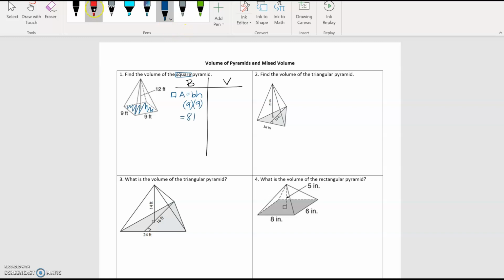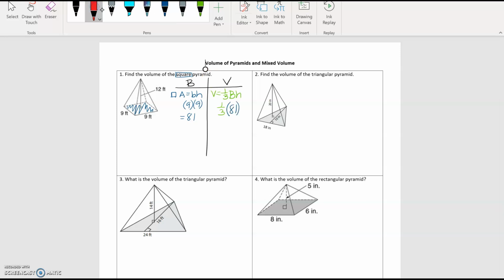Okay. Then I'm going to go and plug in my numbers using my formula. Okay. So my formula says volume equals 1/3 area of the base times height. So the 1/3 is from my formula. Area of the base, big B, is 81.